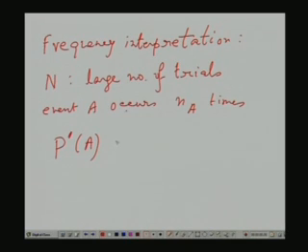So, this P prime A is nothing but, as we know, N A by N, but this is always a non-negative number, isn't it? Minimum value could be 0, that is you try capital N number of times and out of these N observations you do not get the event ever. So, in that case N A is 0 and the minimum value is 0, but you cannot get it negative, right. So, this satisfies axiom number 1. Then axiom number 2 is what? That the probability of the total event is 1.